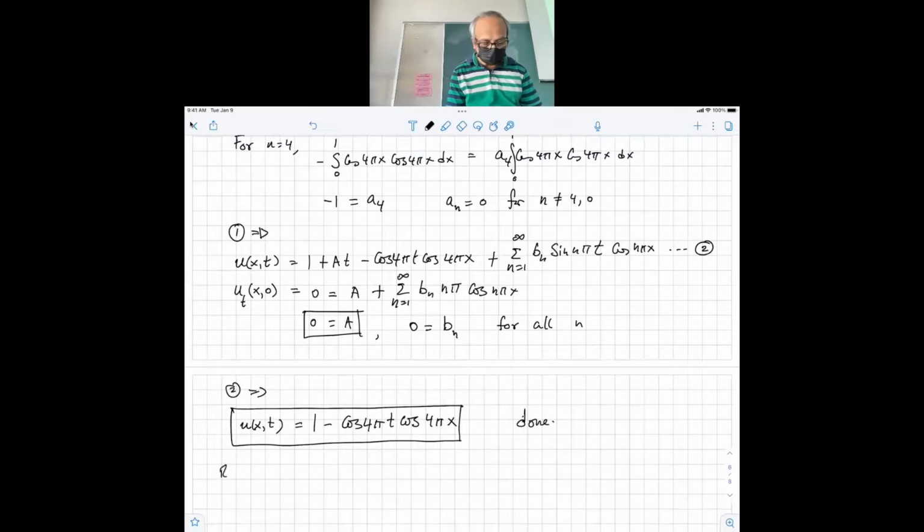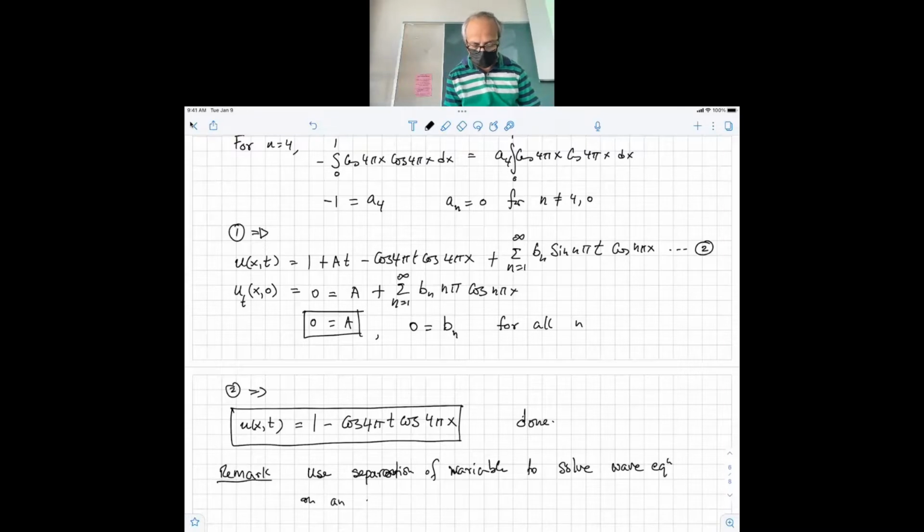I just remind you here, use the method of separation of variables to solve the wave equation on an interval.